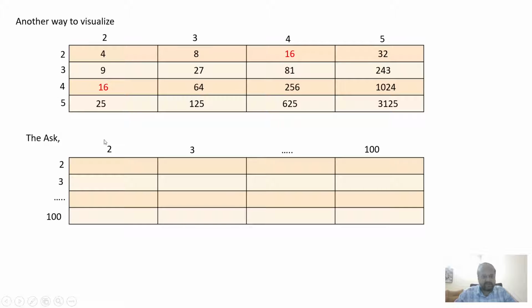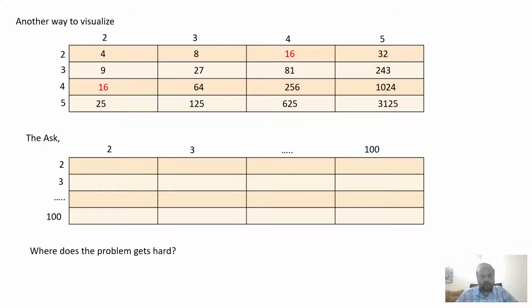The ask is the same table, but with the range extended till 100. Once we solve this problem, we can extend the range to 100,000 or n arbitrarily, but the ask is still 100: 2 to 100 column-wise, 2 to 100 row-wise. Compute these values and count only the distinct values.